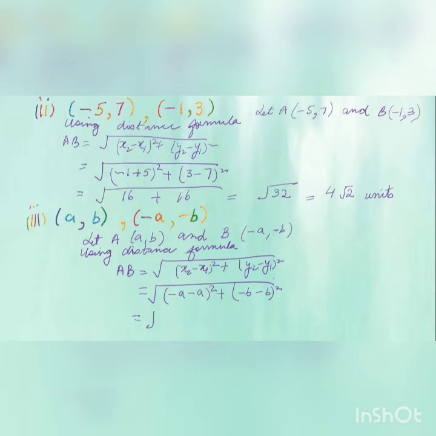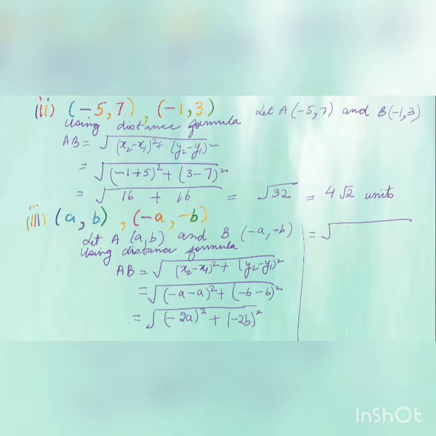So it will be under root minus a minus a is minus 2a square plus minus b minus b is minus 2b square.